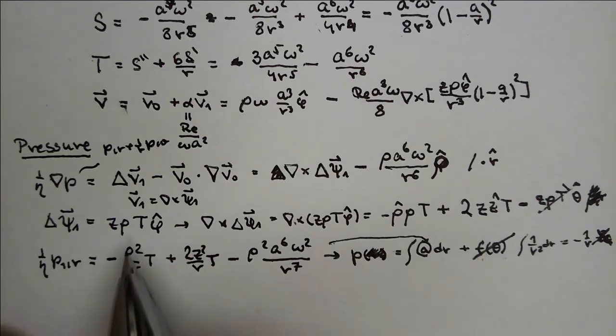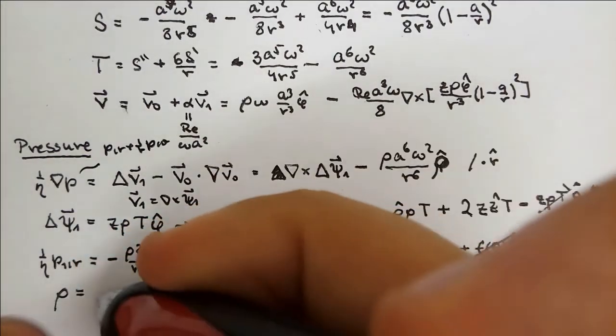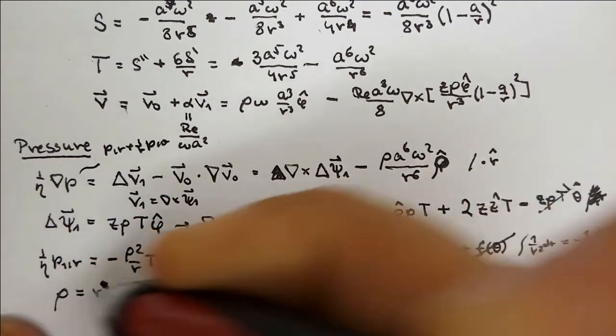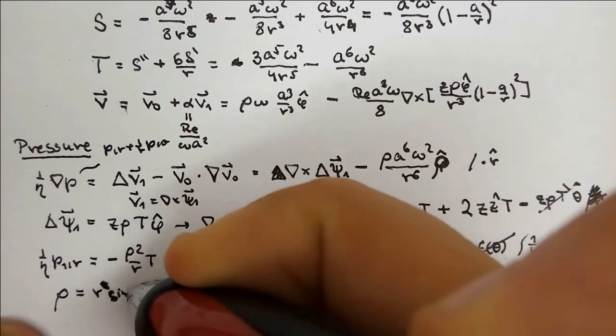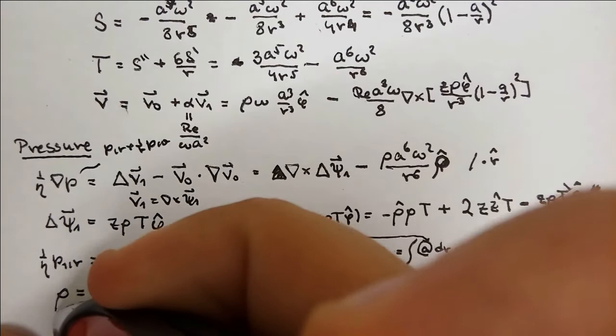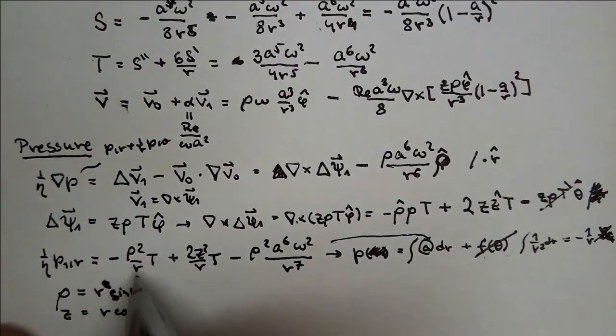Because if you substitute, rho is r times sine theta, obviously, and z is r cosine of theta. You have to integrate it only with r, because it is a function of only r, so the integration will be really easy and you can do it yourself. I will leave it for the exercise.